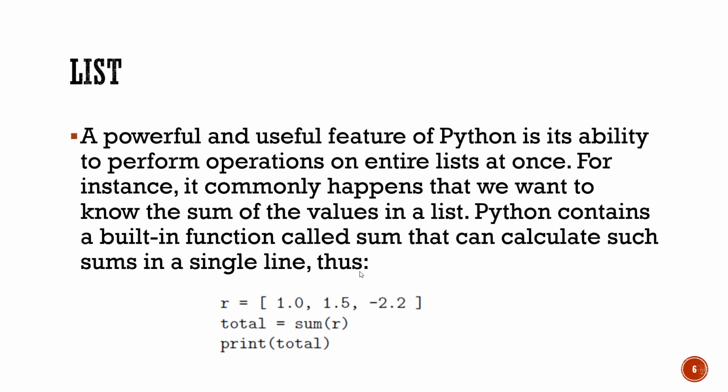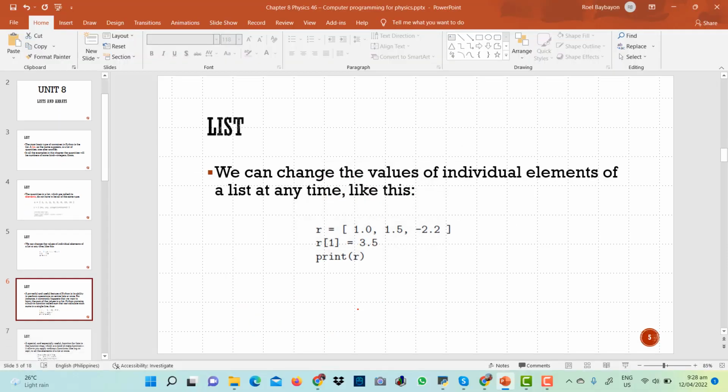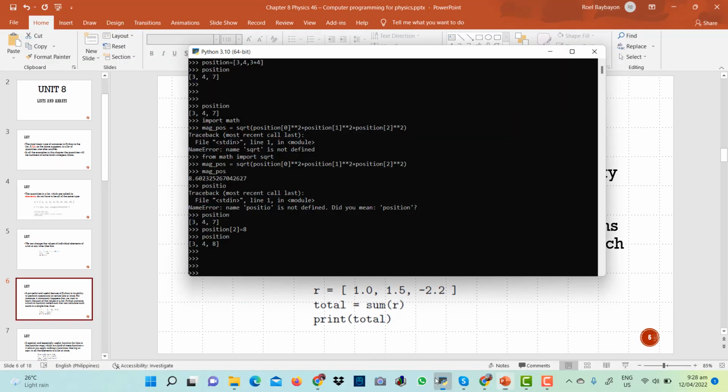We can also sum all of the elements inside this list. One of the powerful tools of a list is that you can sum all the elements inside your R just by using the built-in function sum. For example, my position is 348.